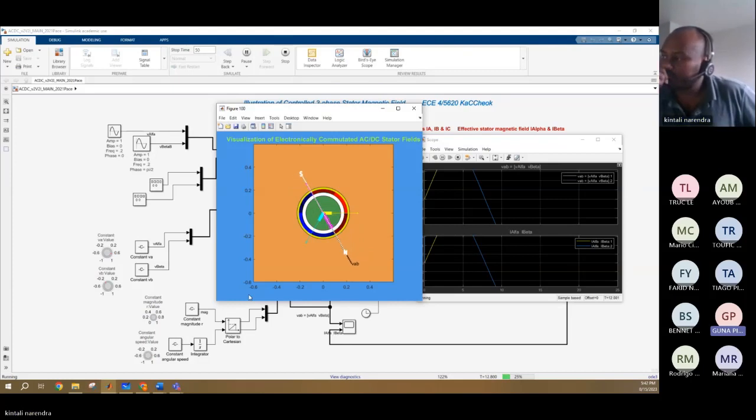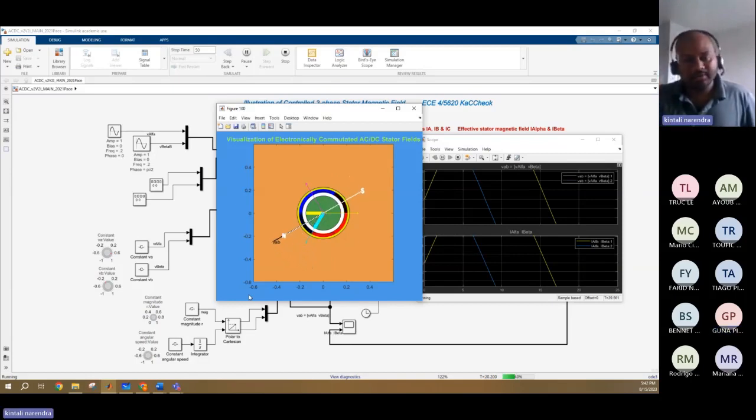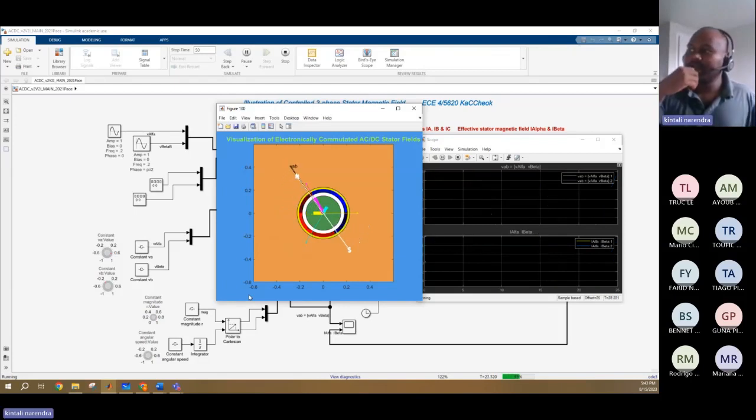What is the significance of this IS, Narendra? Is this a theoretical one or is this the physical one? Yeah, it's a theoretical one. Because the physical ones are the magenta, blue, and the yellow.